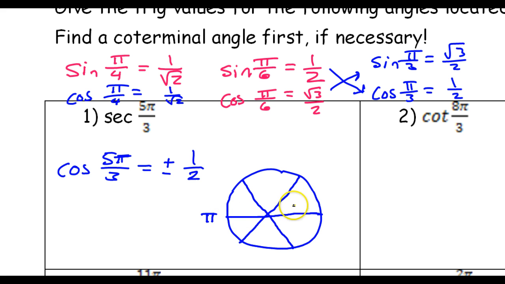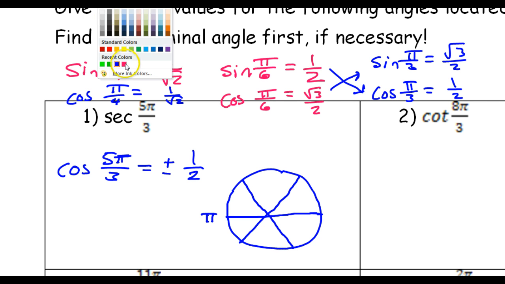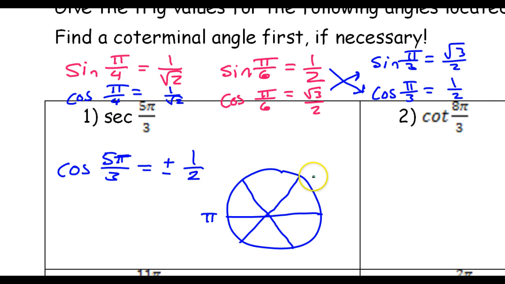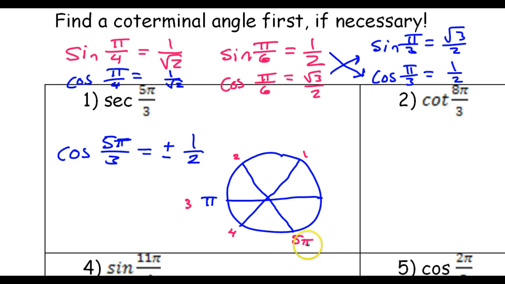So that means each one of these up top is 1/3 of a pi. So these are pi over 3's that we're looking at. Okay? So as I go around, this is 1 pi over 3, 2 pi over 3, this is 3 pi over 3, this is 4 pi over 3, and this is 5 pi over 3.